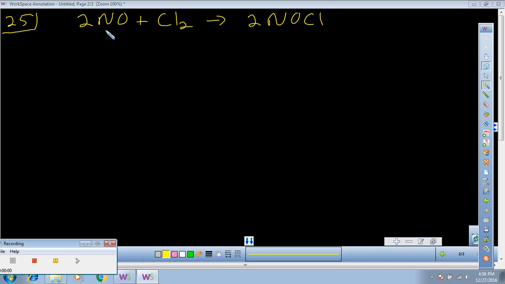We have a reaction of nitrogen monoxide, a molecule, combining with chlorine molecules, and they're going to make something called nitrosyl chloride, NOCl. So I want to make a rate law for this.